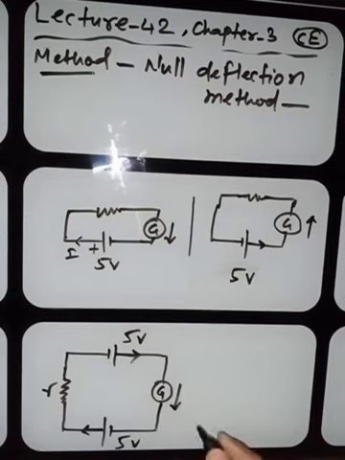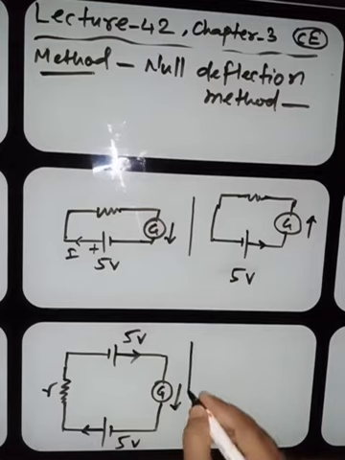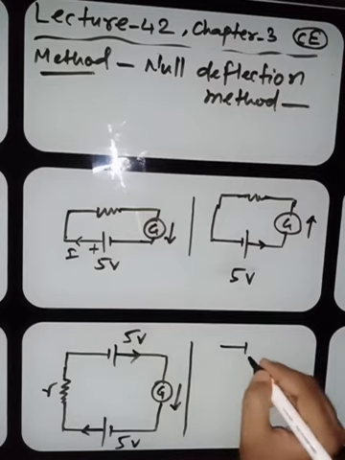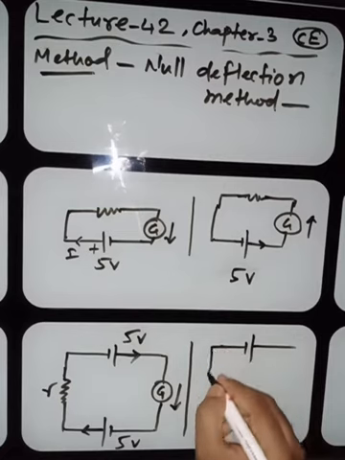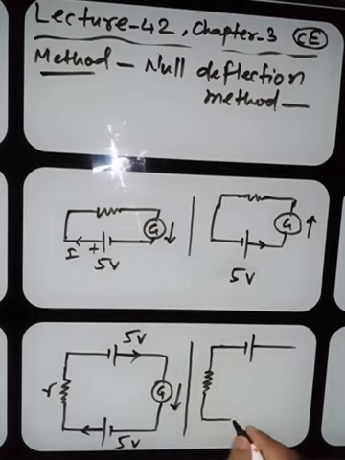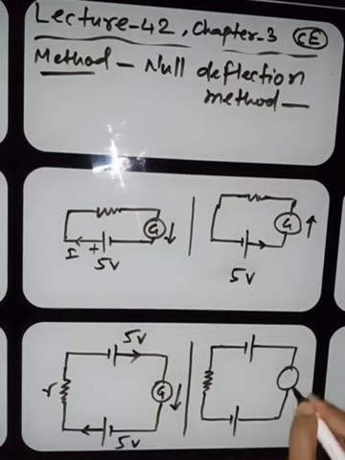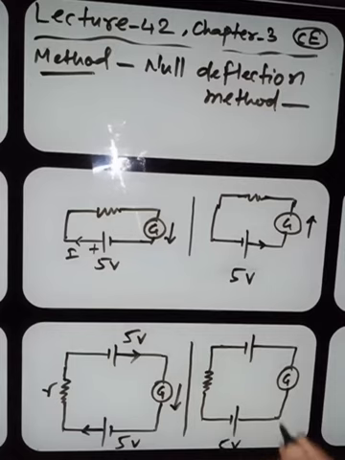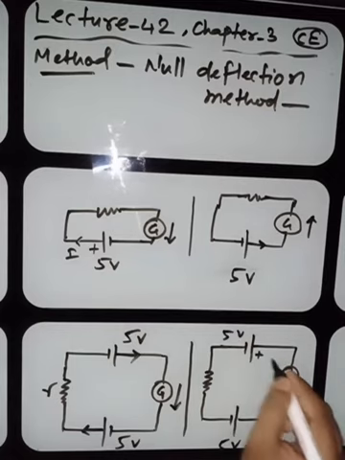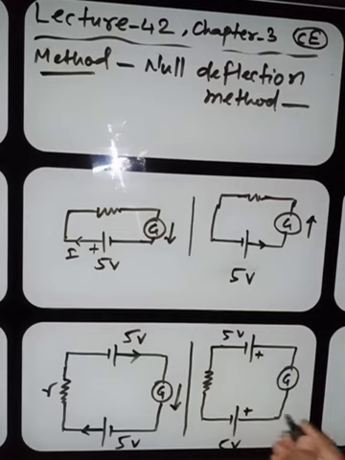But my question is, if you flip one battery, what will be the direction of current without changing the value, if you use 5 volt, a resistor and a battery in this way, connecting a galvanometer? Now, if it is 5 volt and this is also 5 volt, with the plus terminals facing each other, in which direction will this galvanometer show the deflection?